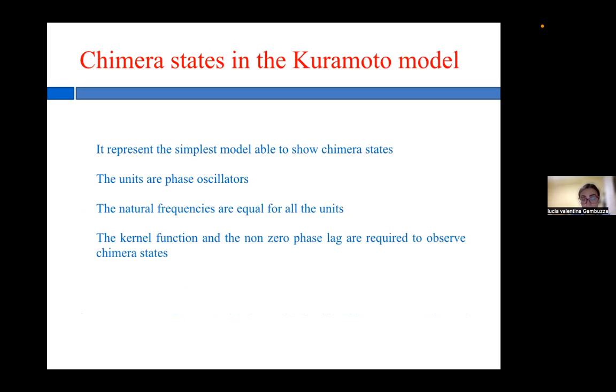The key ingredient for the onset of chimera states is the presence of the kernel function, which is a way in which we can decide how to connect the nodes in order to see chimera states.